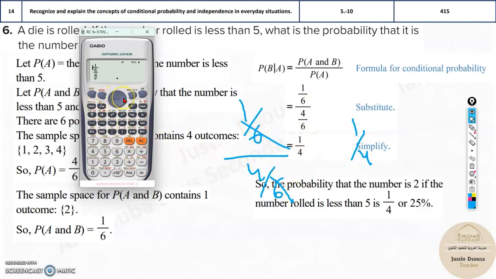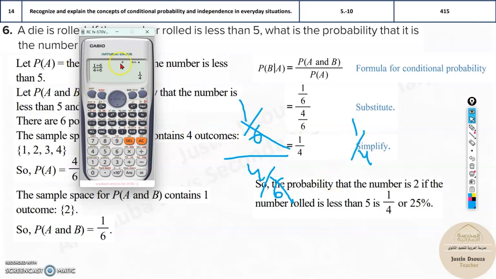I don't know why the calculator shows me 1 by 9. Okay, let me do it over here, 1 divided by 6 and 4 divided by 6. Okay, now you get it. I think I did not use the fractions properly. Just remember, guys, I will have to recheck what I put.